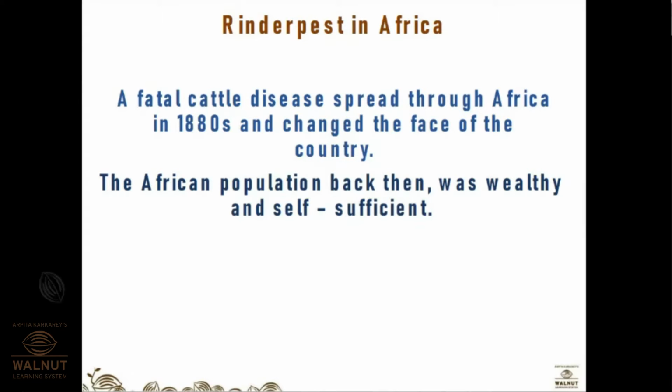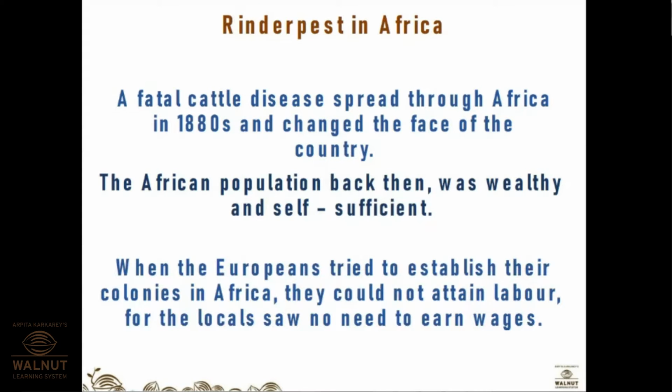So the African population back then was wealthy and self-sufficient. In the 1880s, the population of Africa was quite wealthy and self-sufficient. When the Europeans tried to establish their colonies in Africa, they could not attract labor, because the locals saw no need to earn wages.